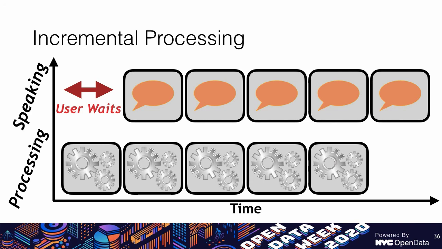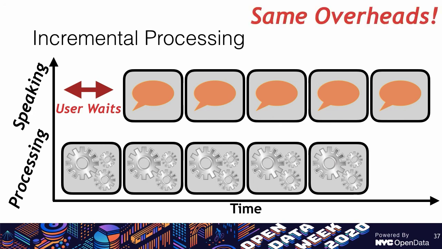But if we have now a scenario in which the system runs in a cloud computing platform and needs to serve many hundreds or even thousands of users, then this approach actually wouldn't really help, because it does not reduce the total amount of processing overheads that it has. It's just a little bit smarter about when it does the processing, right? So again, we have the same overheads as with the original method, which doesn't really help if I want to scale up to large user groups.